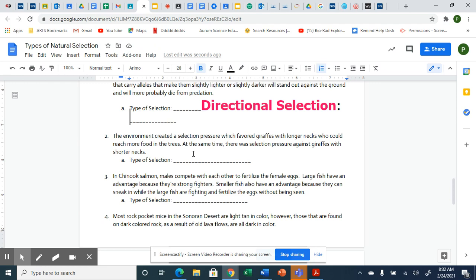All right. The environment created a selection pressure which favored giraffes with long necks, who could reach more food in the trees. At the same time, there was selection pressure against giraffes with shorter necks.